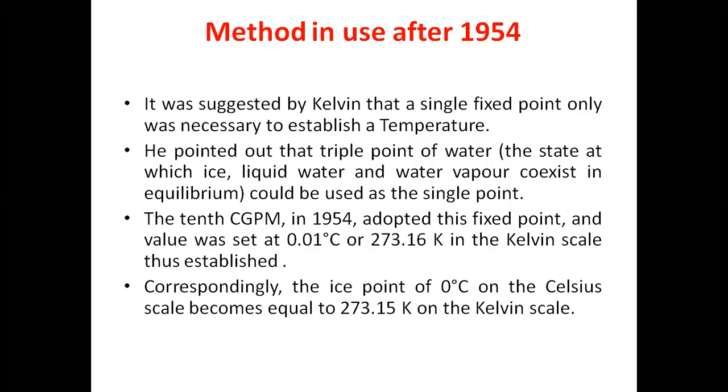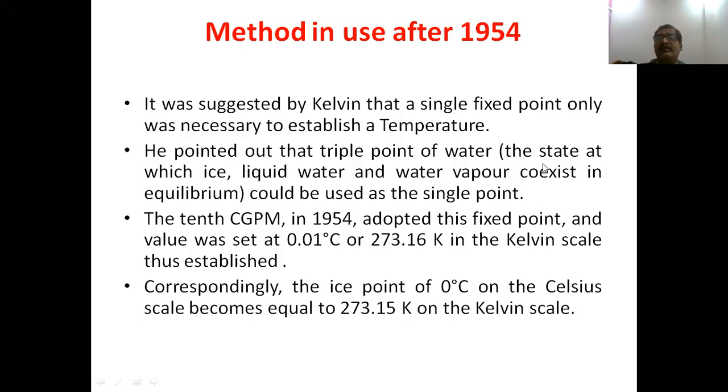It is 0.01 degrees centigrade, also known as 273.16 Kelvin, the temperature at which pure ice, liquid water, and water vapor coexist in equilibrium. That is known as the triple point of water.